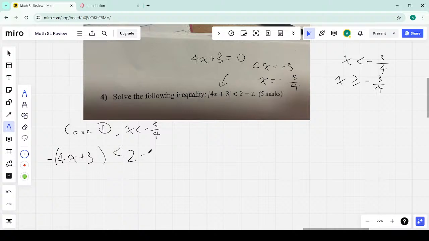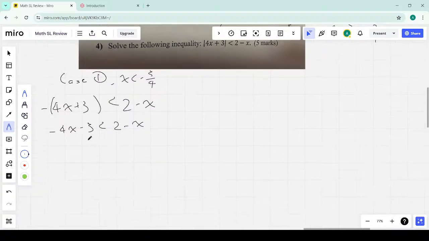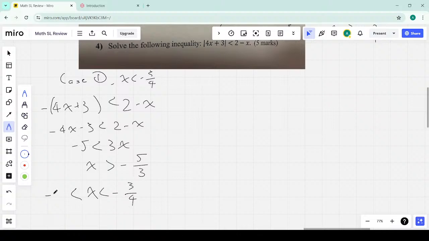That is smaller than 2 minus x, so negative 4x minus 3 smaller than 2 minus x, which is just negative 5 smaller than 3x, x greater than negative 5 over 3. So in this range, this does suffice for a certain amount of values. So this gives a range. Make sure at the end you combine these two conditions.